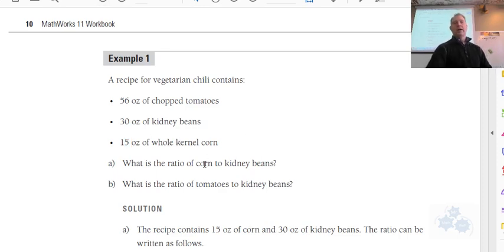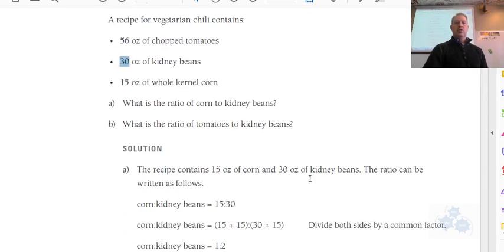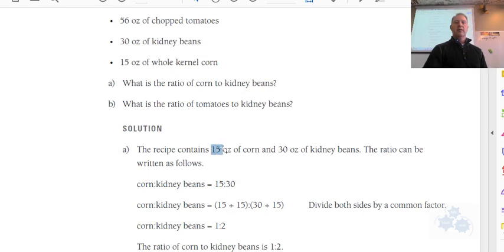So what is the ratio of corn to kidney beans? Well, here's the corn number, and here's the kidney bean number. So the solution is 15 to 30, and there it's written right like that. Okay, does everyone see that? The number that's attached with corn to the number that's attached with kidney beans.